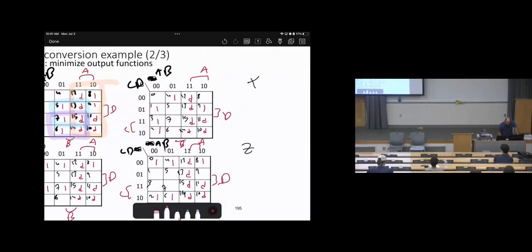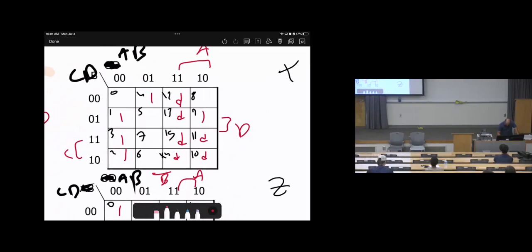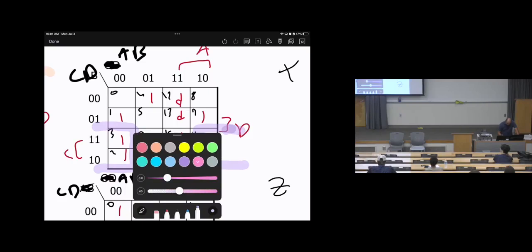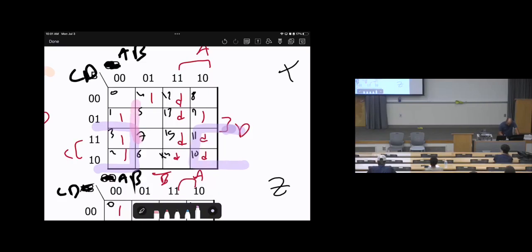How about variable X? Variable X, our target is to make the biggest possible loops. So we have these 2 with these 2. So we can make it 4, right? Then we have these 2 with these 2, right?